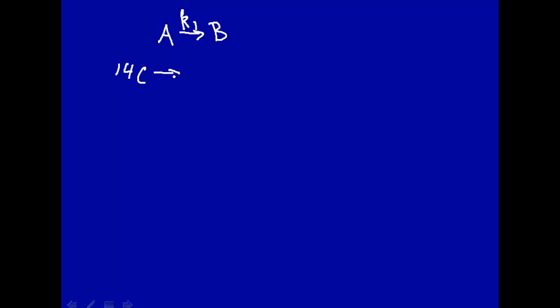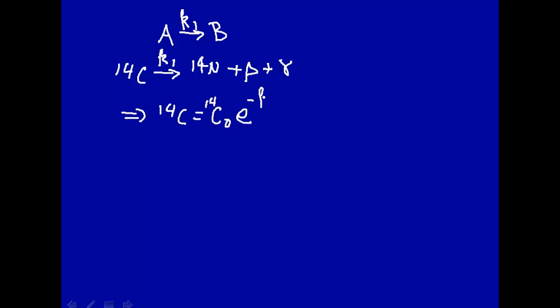That decays unidirectionally to nitrogen-14 plus a beta particle plus a gamma particle. And let's write this K1. There's the reaction mechanism, so we can immediately say that the concentration of carbon-14 is equal to the concentration of carbon-14 at time equals 0, e to the minus K1t. And it doesn't matter where we measure the 0 time, this equation will always hold. And K1 then will be the radioactive decay constant.